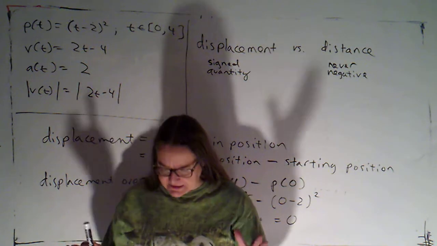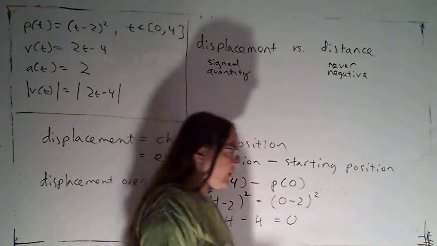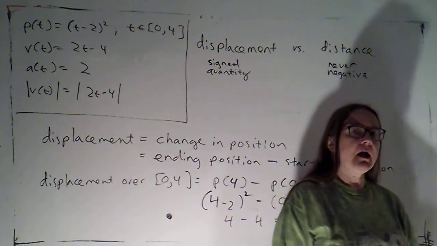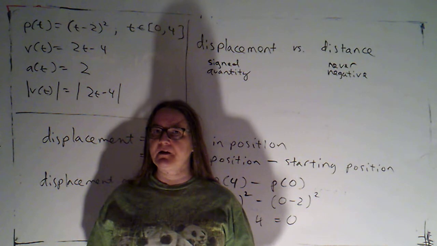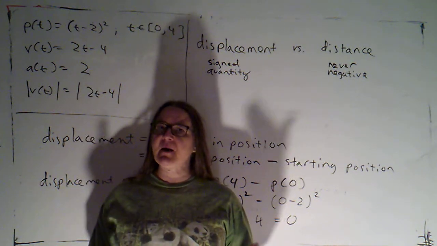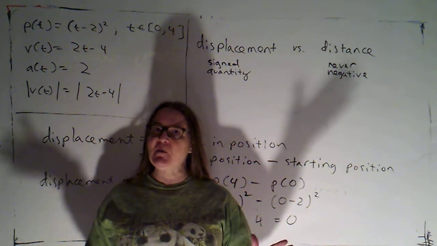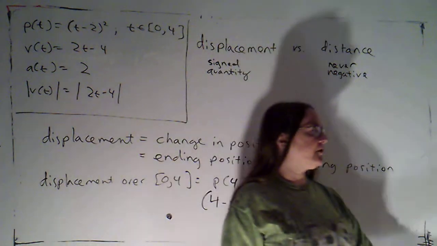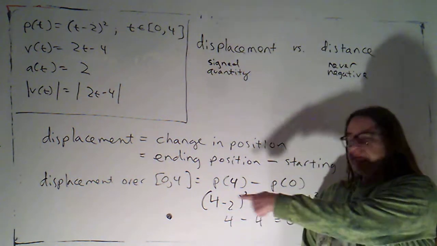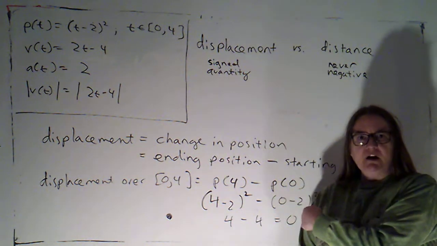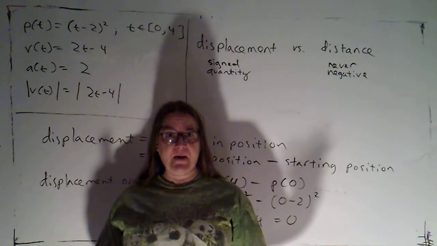Well, let's think about it. With the trip that I just acted out, I walked over here, then I turned around, and I came back to here. If we wanted to measure my distance, I would have to break that trip up into 2 parts. I walked over here. When I get to the point where I turn around, let's stop and measure that distance that I walked, and then I'm going to walk that same distance back.